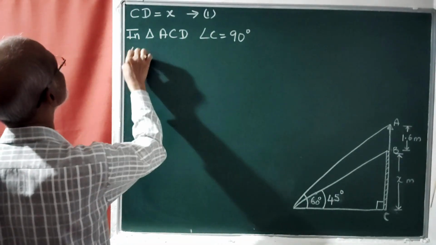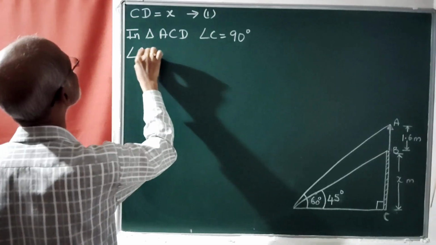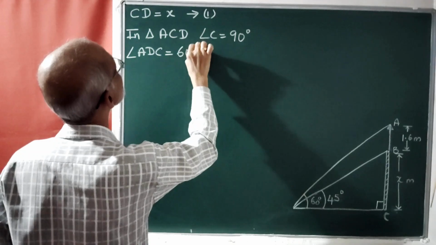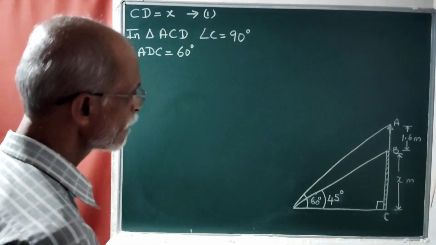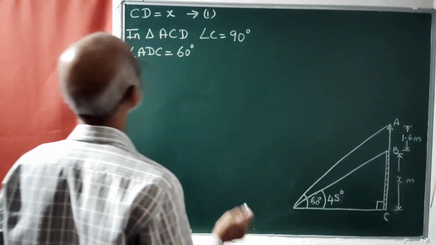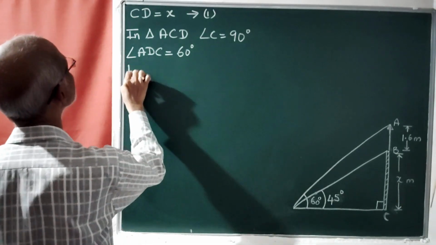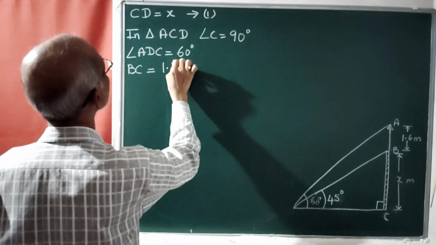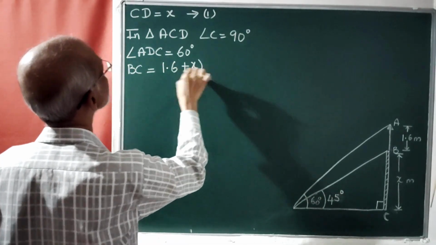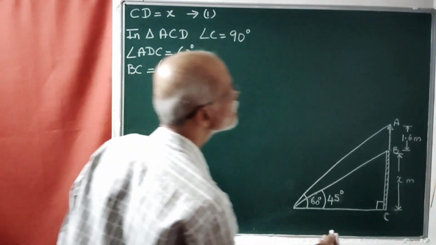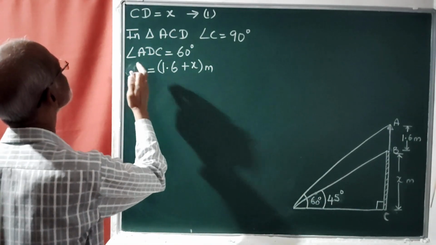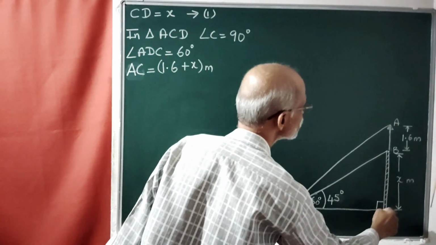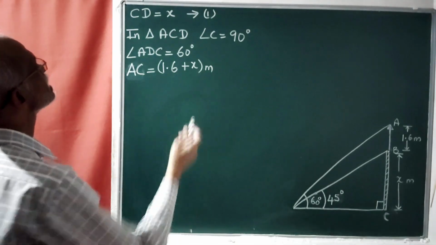Angle ADC is equal to 60 degrees. Then AC, from A to C, is 1.6 plus x meters.